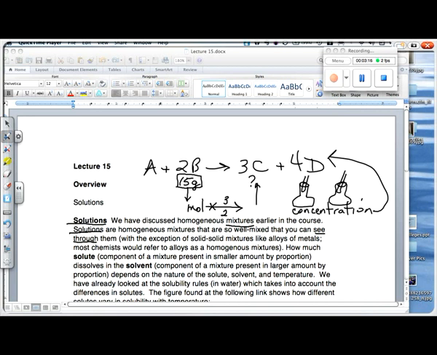Anyway, let's talk about one solution that we are familiar with on a day-to-day basis, but you may not be aware of it, and we'll bring in these terms solute and solvent. The type of solution that you are most familiar with is, let's say you want to make some spaghetti at home, and you get a pot and you put some water in it, and generally you put a little bit of salt.